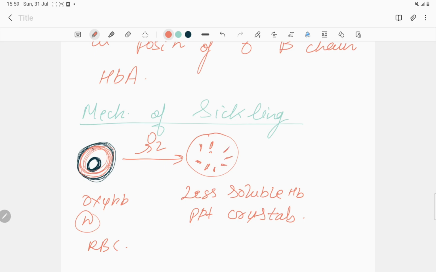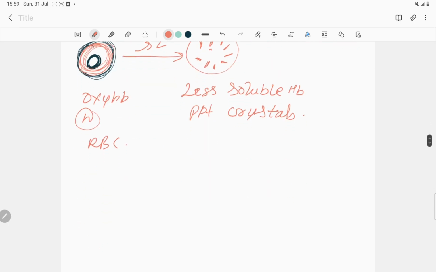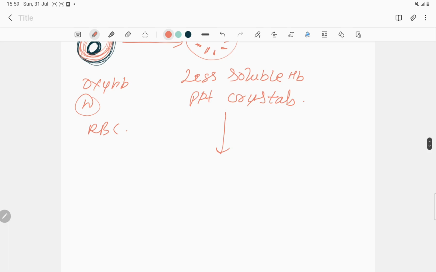So these all are the crystals. Now what will these crystals do? They will elongate and give the cell a sickle shape. These crystals will elongate like that.